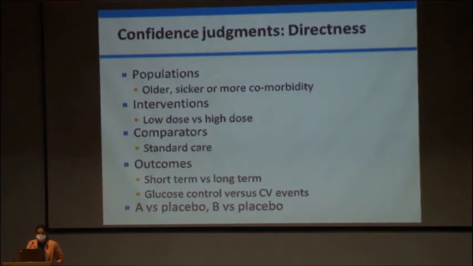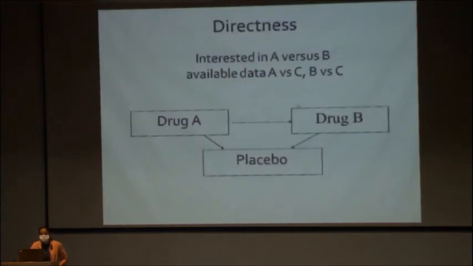And one more type of indirectness is when you are interested in drug A versus drug B, but there's no direct comparison. And what we have is drug A versus placebo and drug B versus placebo. So that's a different kind of indirectness. So what we're interested in is drug A versus drug B, but what we have is a comparison of each drug with placebo.